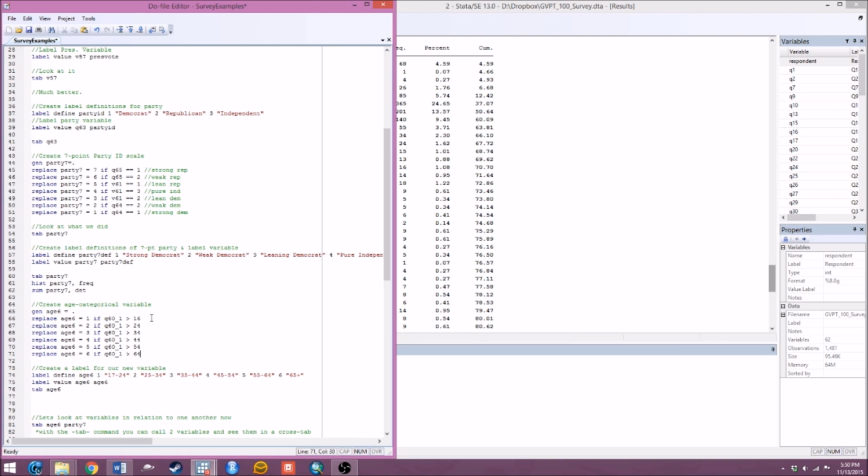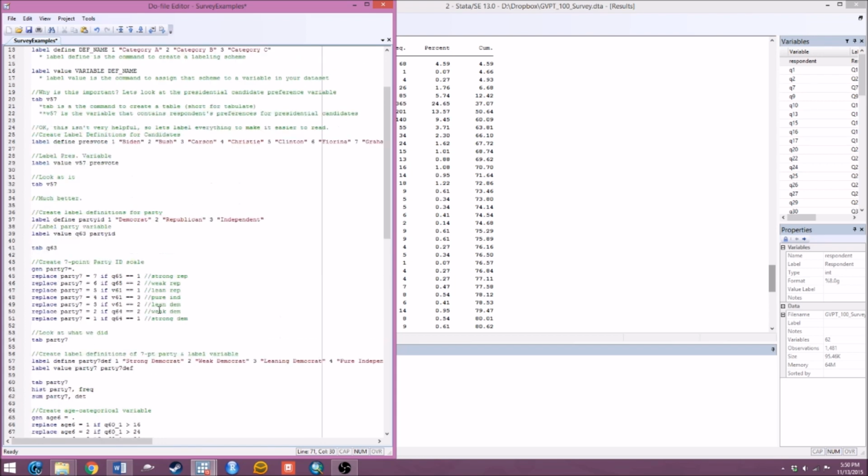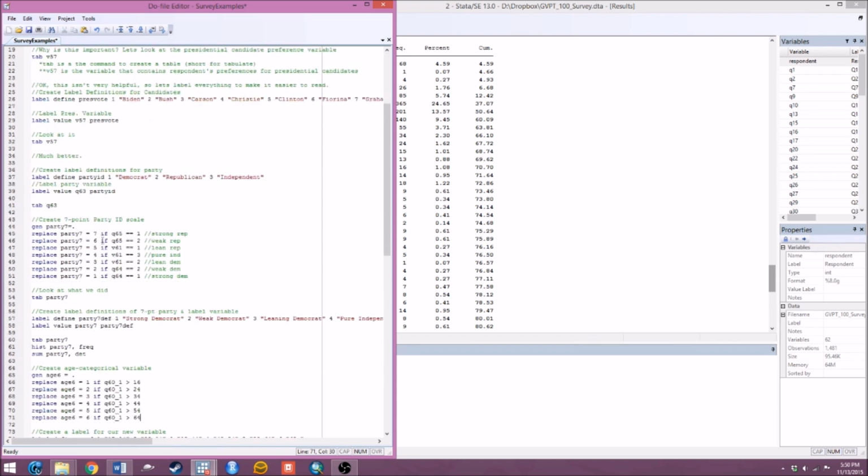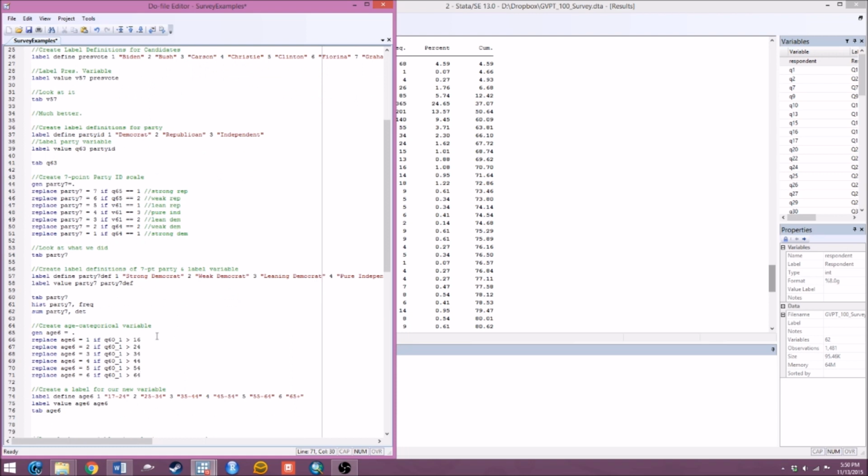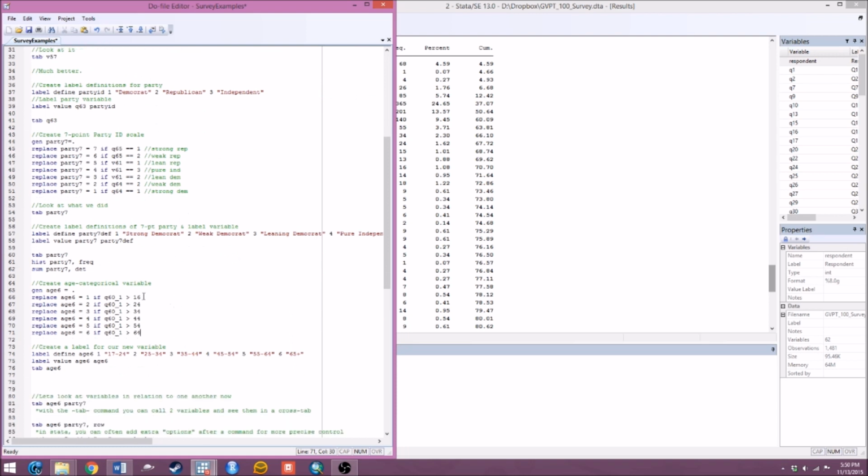So what we can do is create different age cohorts here, and up here, we said we were using if. So we're still going to use if, but we were using equals exactly. Now we can also do the same thing while capturing a range.